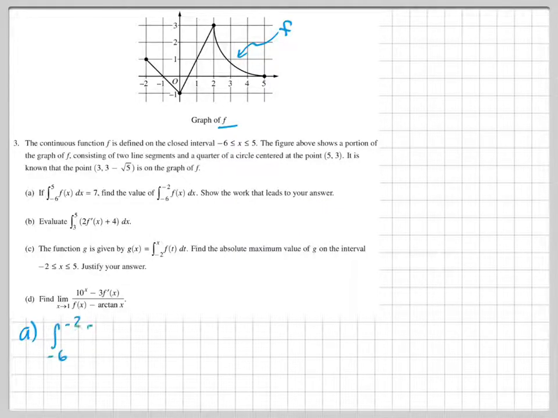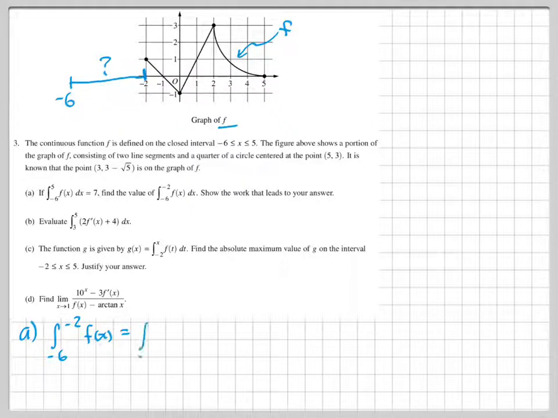So I'm going to go ahead and write this out first. -6 to -2 is what we're looking for. We know that this one, which goes from -6 all the way to 5, minus this area right here, -2 to 5, would give us this result.